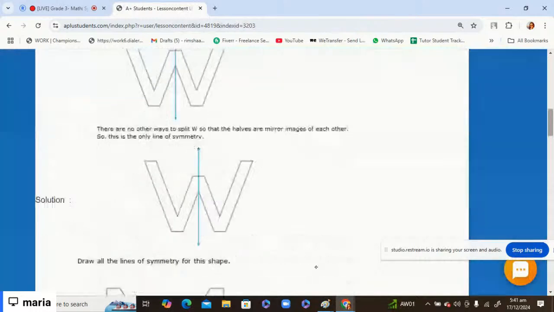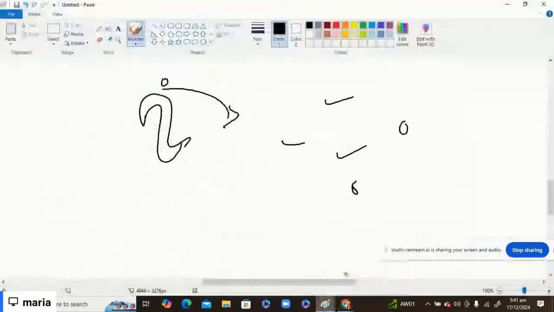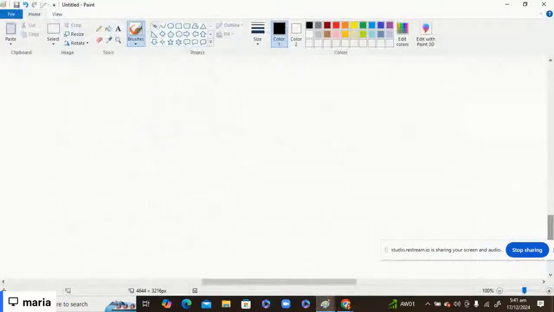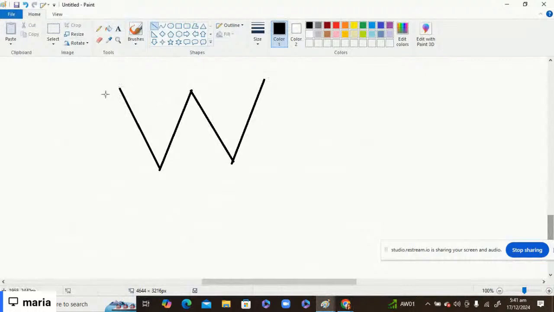So look at this shape. This is a different shape, like the shape of the W. So here's the shape.